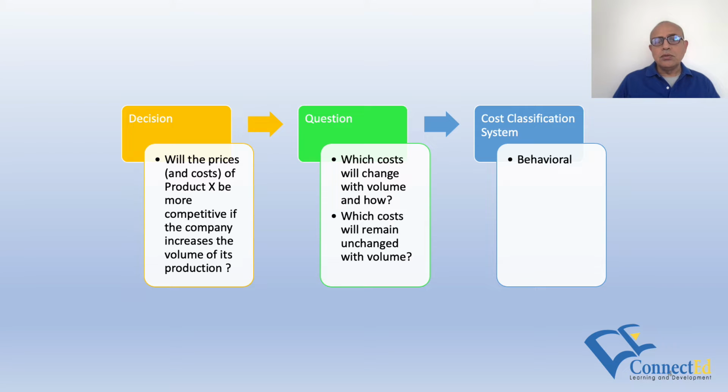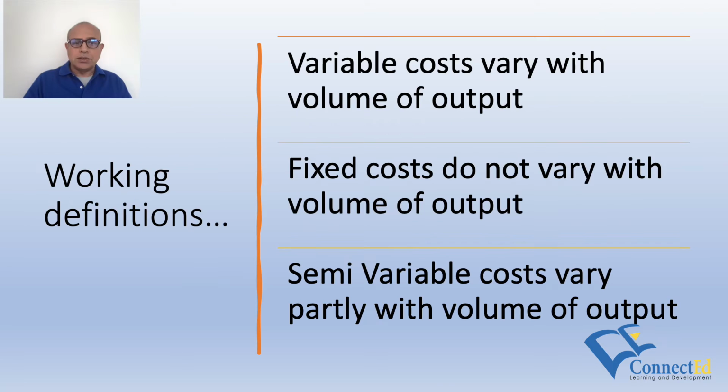So you can continue to produce 5,000 tables, but if you produce 4,000 tables, the rent would still be the same. So anything in the range of 0 to 5,000 tables, you can work with the same factory rent, or in other words, the same fixed cost. So we are going to make use of behavioral classification to answer questions like this.